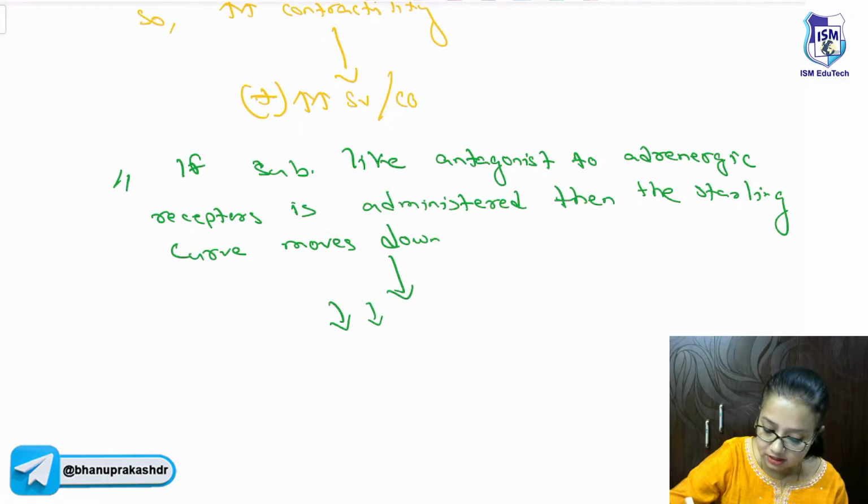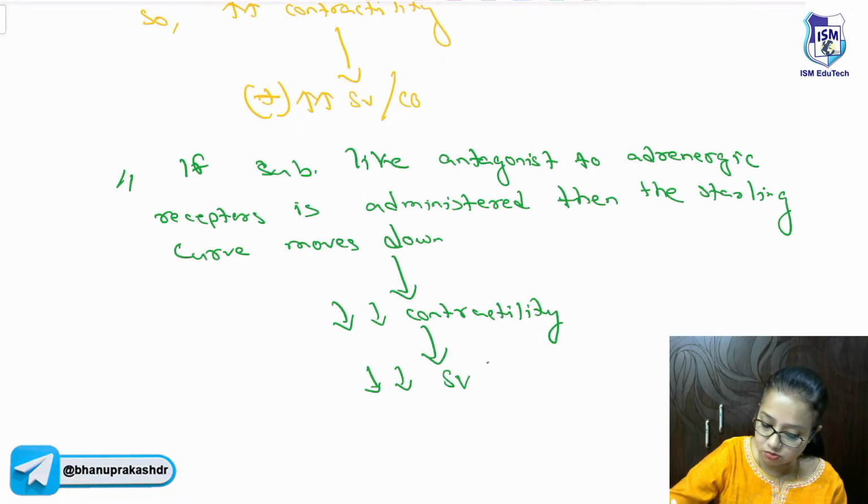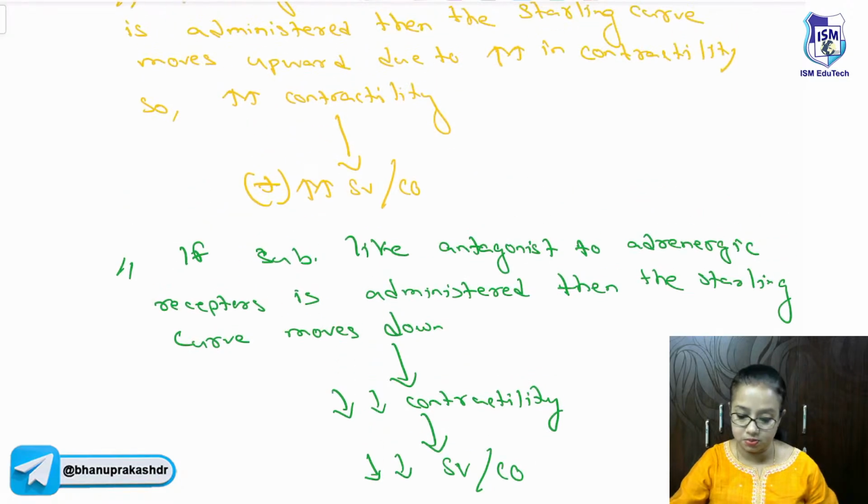That is, decrease in contractility, which will decrease the stroke volume and cardiac output.